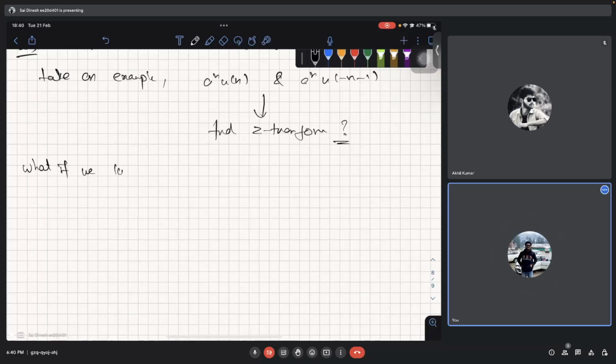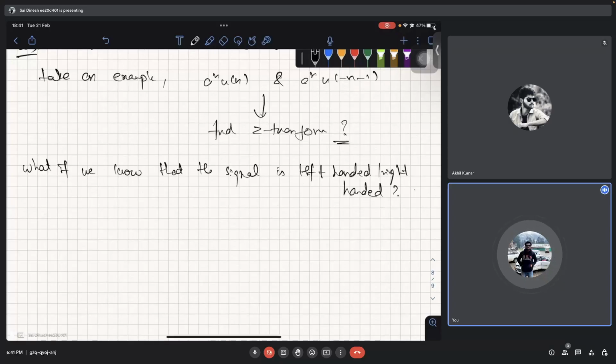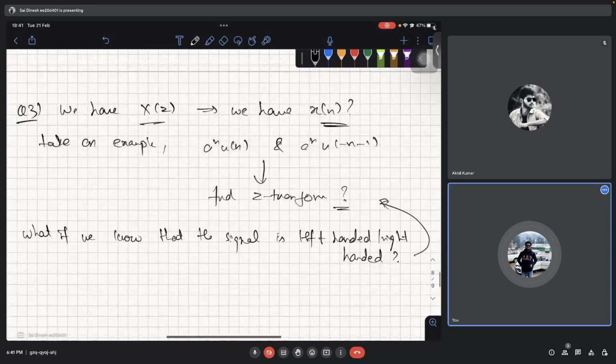What if we know that the signal is left-handed or right-handed? Can we then find the original sequence? If we know that it is a left-handed sequence, but we only know x of z, is x of n unique?